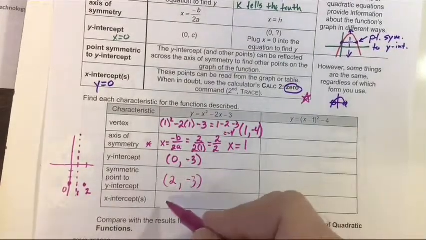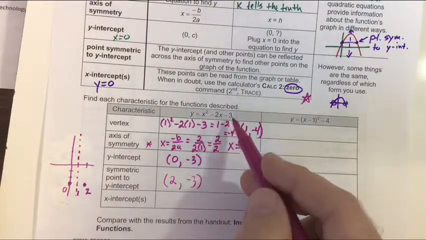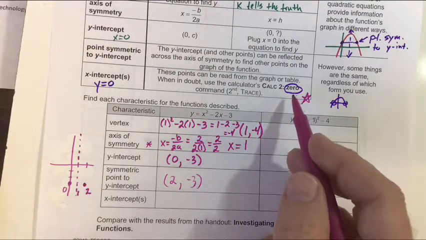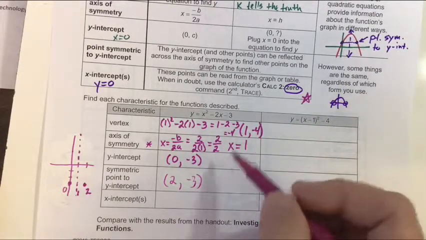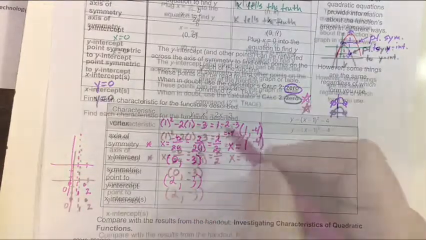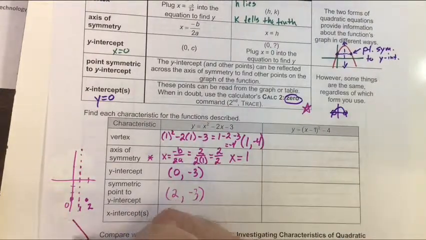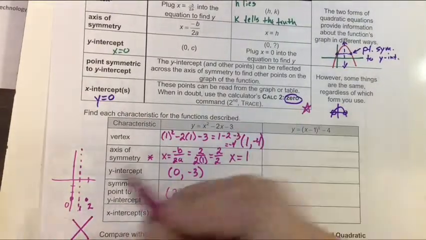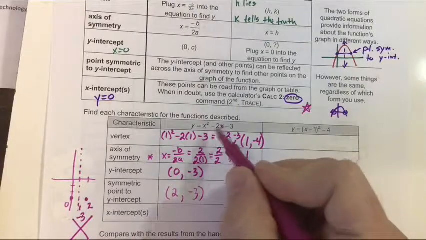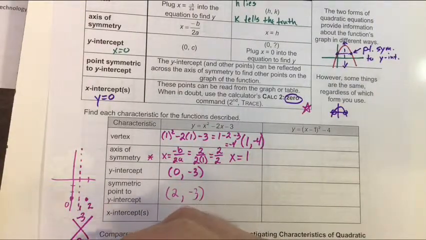Okay, and then to find my x-intercepts, I'm looking for the zeros of this function. Now, we can use our calculator, but really the best way to do this is either to try and factor it or use the quadratic formula. And in this case, this does factor. We can actually use our diamond method for factoring. The top number is negative 3. The bottom number is negative 2. The factors of negative 3 that add up to negative 2 are just negative 3 and 1.